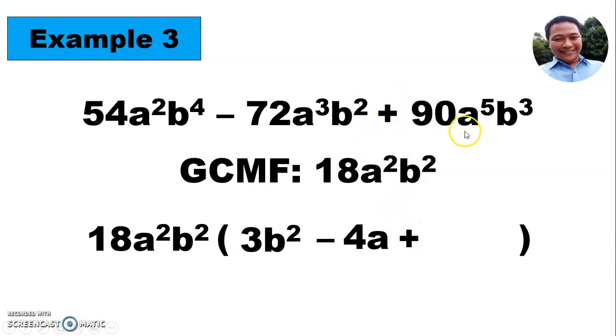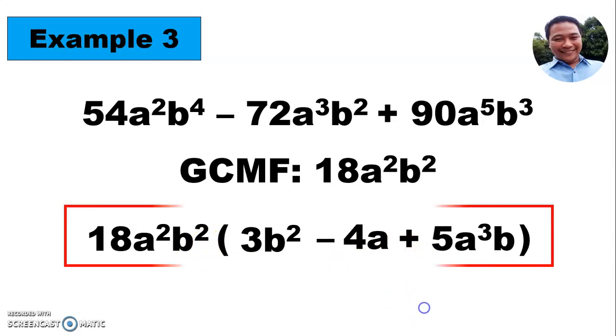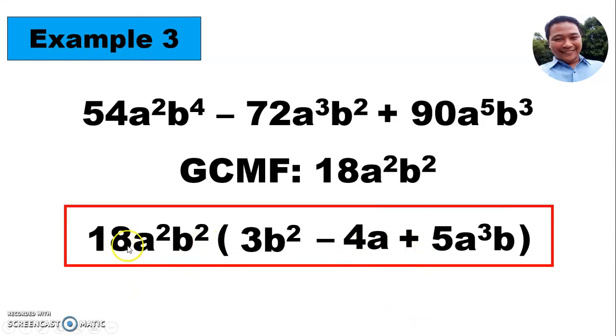Plus 90a raised to the 5th power b cubed divided by 18a squared b squared is equal to 5a cubed b. Therefore, our factors are 18a squared b squared multiplied by the quantity 3b squared minus 4a plus 5a cubed b.